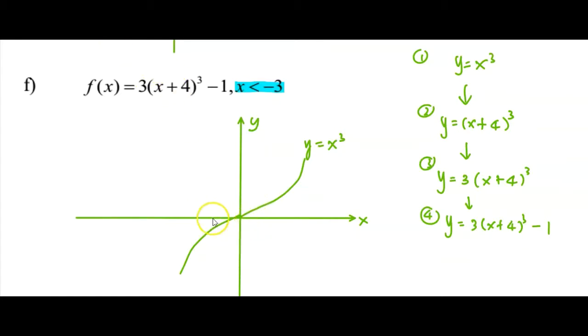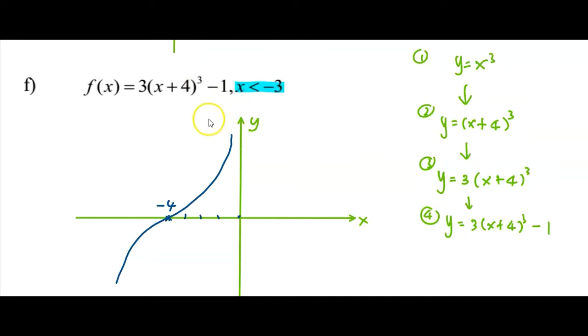So shift your graph 4 units to the left. 1, 2, 3, 4, meaning that now your point of inflection at the origin will become at negative 4, 0. So your graph will look like this. Okay, now erase this off. So this is the graph of y equals (x plus 4) to the power of 3.